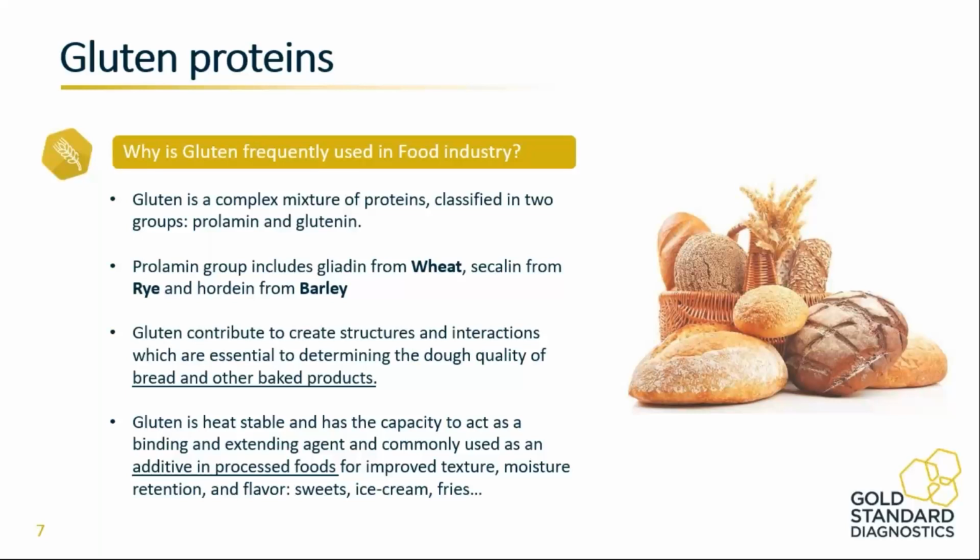In addition, gluten is very heat stable and has the capacity to act as a binding and extending agent, so it is commonly used as an additive in other processed foods to improve the texture, moisture retention, and flavor. So we can find gluten not only in bread and baked products, but also in products like sweets, ice cream, and fries, where we cannot imagine that gluten could be there.